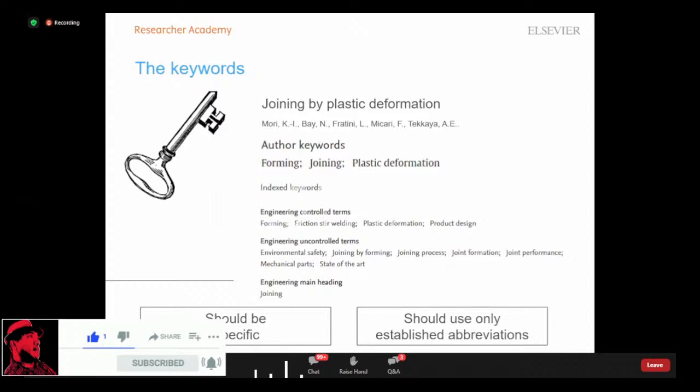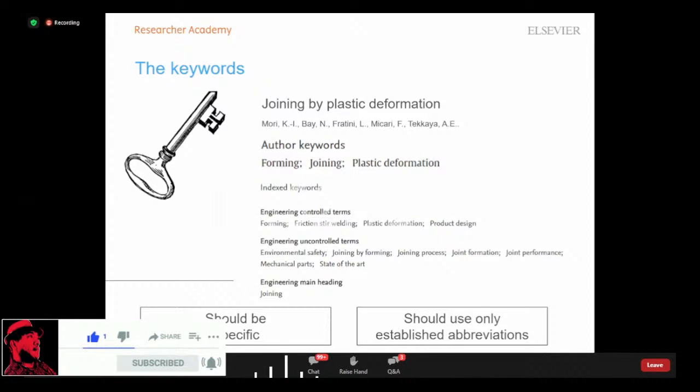Some journals have special requirements here. Certain journals actually have a keywords list available. So, once again, it is important to check the guide for authors to see if this is the case for the journal that you want to submit your paper to.